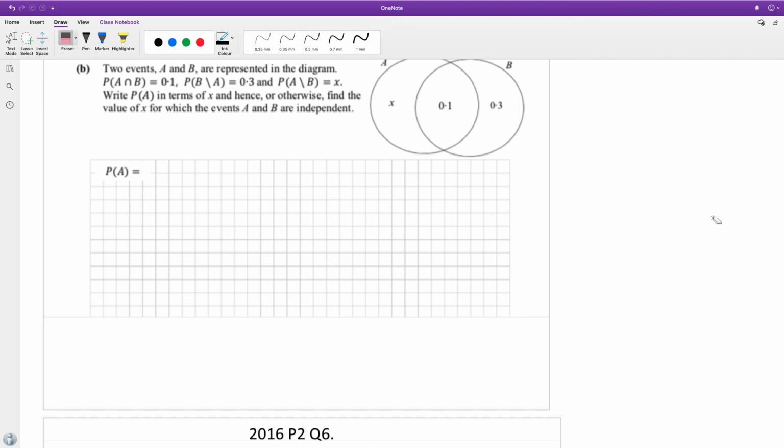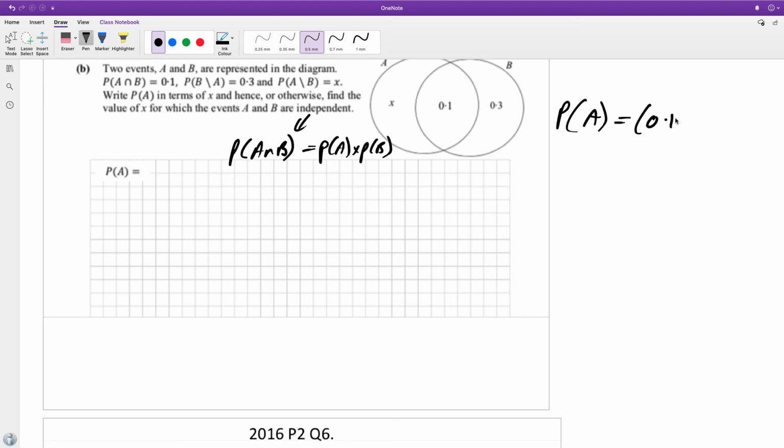Right, so independent, don't forget: probability of A intersection B is the probability of A multiplied by the probability of B. Anyone know what the probability of A is here? 0.1 plus X. Why is it 0.1 plus X?